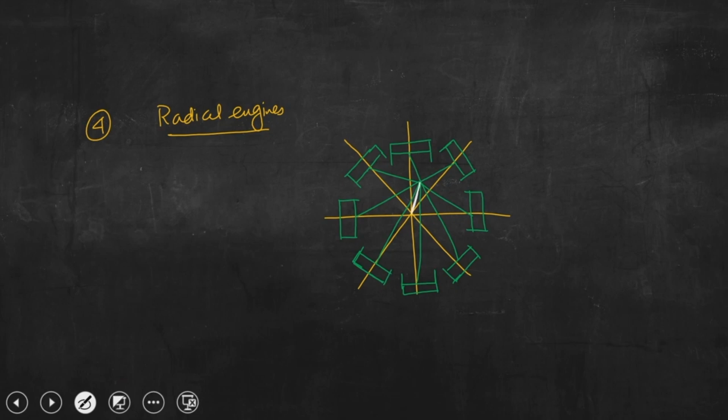Okay. And this crankshaft is rotating in this direction.